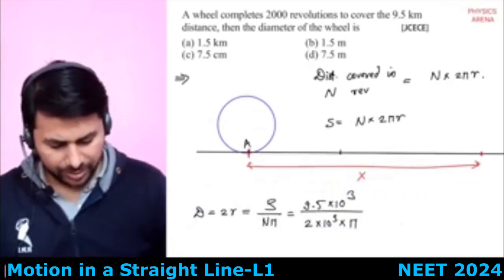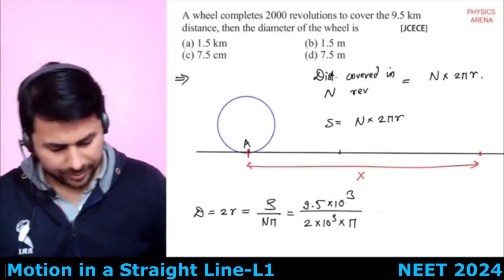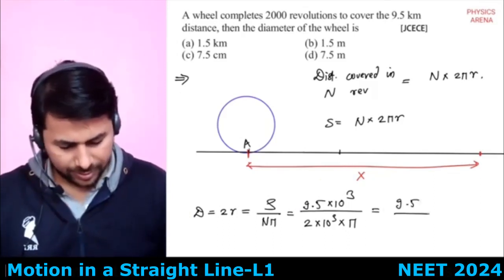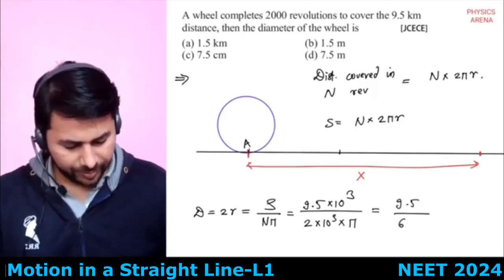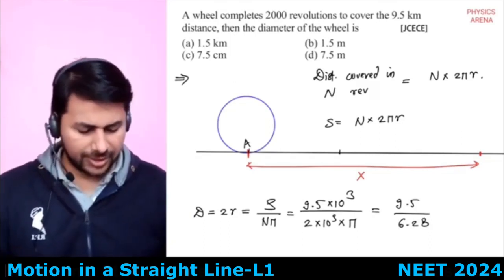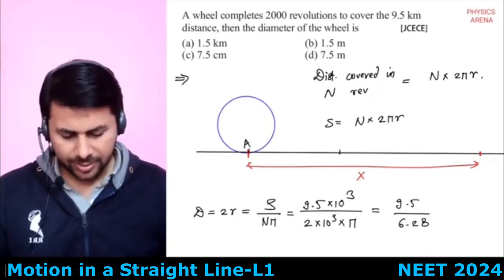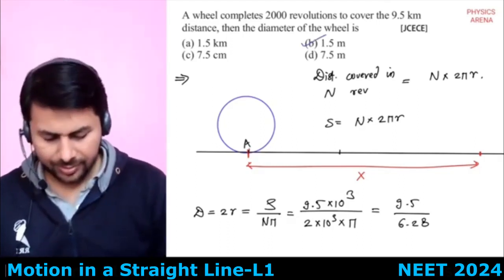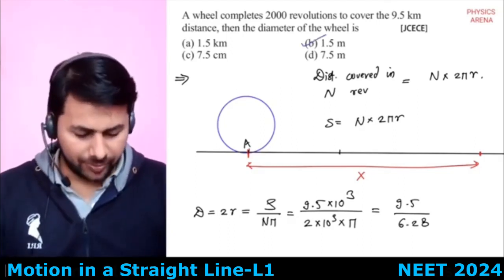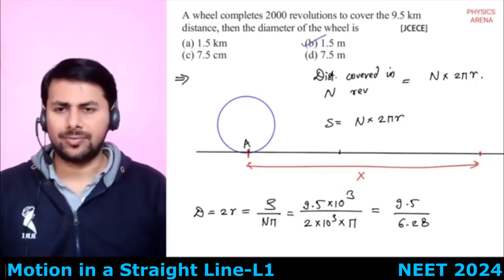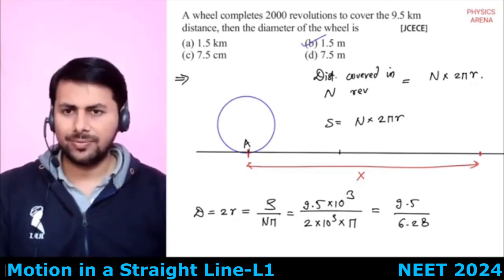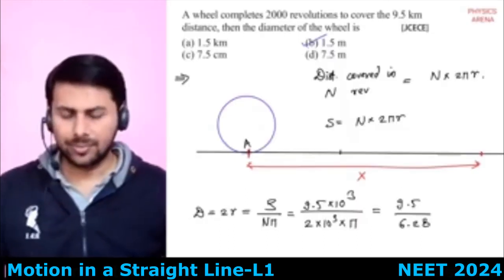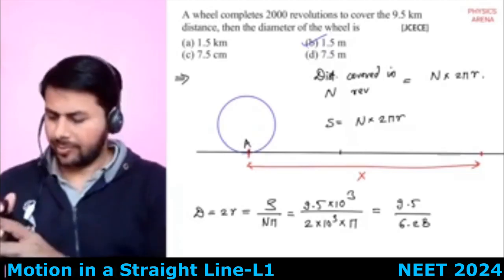So 9.5 divided by 6.28 is the answer. It cannot be D. Roughly you can say 9 divided by 6. B. You said B? Okay, good. So it's option B, right? Is it clear, Raghu? Okay, good.